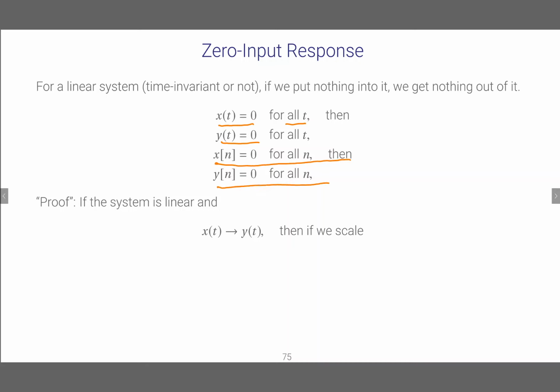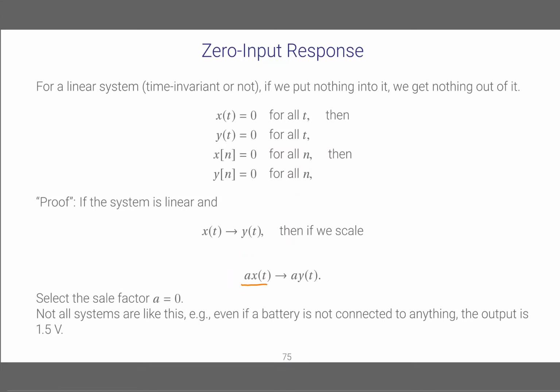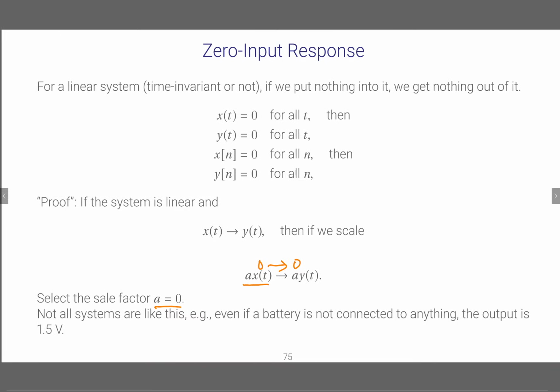A sort of proof: if the system is linear and x(t) gives y(t) as the output, and we rescale x(t) by a, y(t) must also be rescaled by a. So if we set a equals 0, the output must be 0. Not all systems are like this. Even if a battery is not connected to anything, the output is 1.5. That is not a linear system.